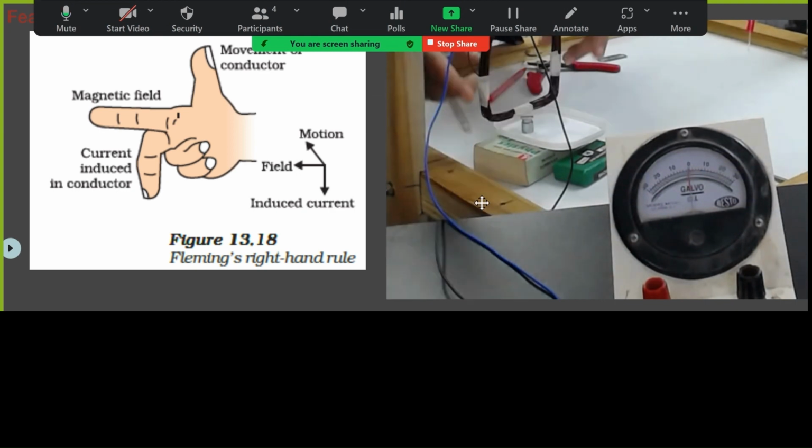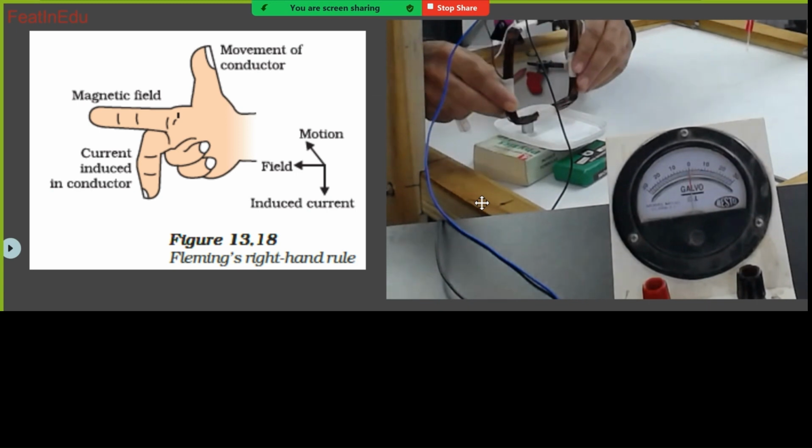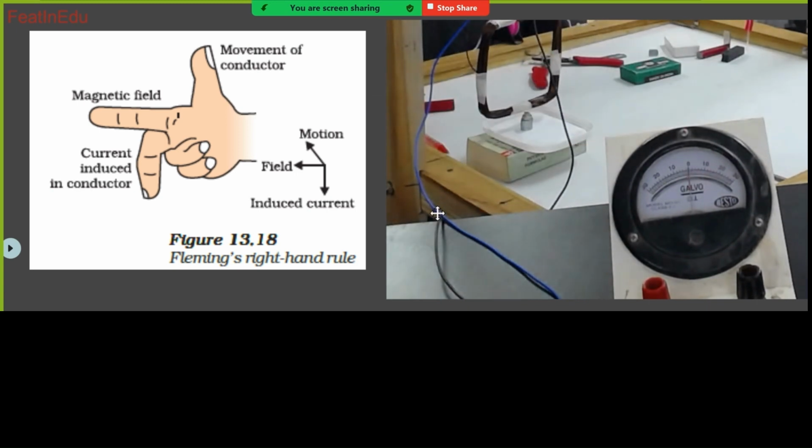This is the principle used in a generator. In the electrical generator, you give mechanical energy, you rotate the coil, and there is current produced in the coil because of electromagnetism. Clear? Okay. I hope it is clear.